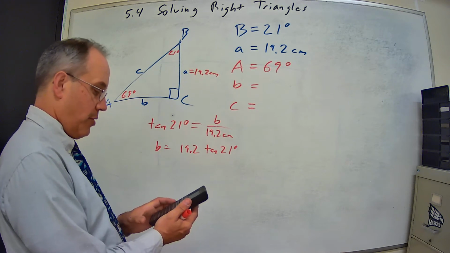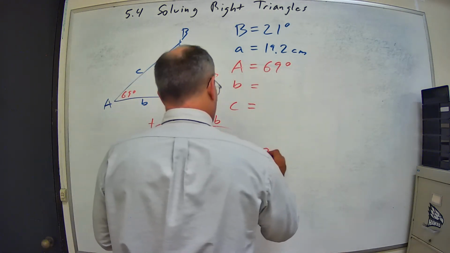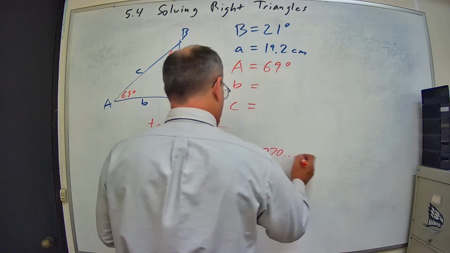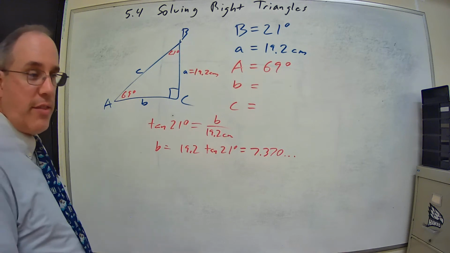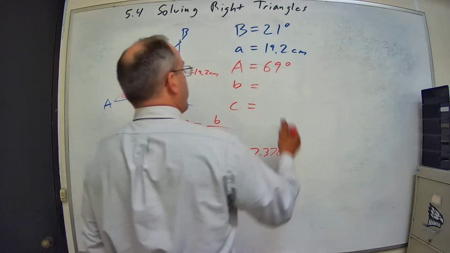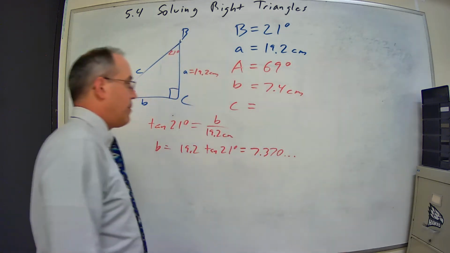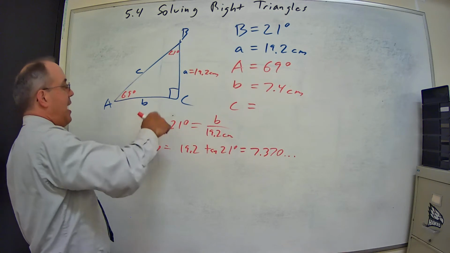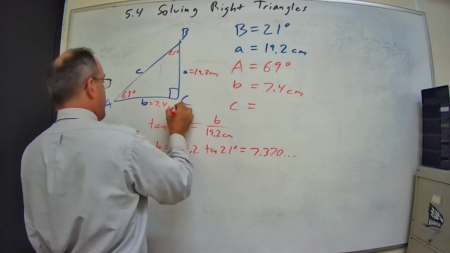So I multiply those together, and I get B is equal to 7.370. But notice that A is only to the 10th of a centimeter, so I'm going to make this to the 10th of a centimeter and make it 7.4 centimeters.